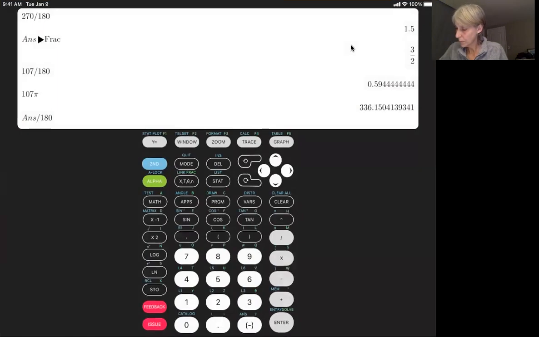Oh, I always have a problem with that. So I have, what was the problem again? 4.25 times 180. And now I'm going to divide my answer by pi. So that would be 243.507 degrees.